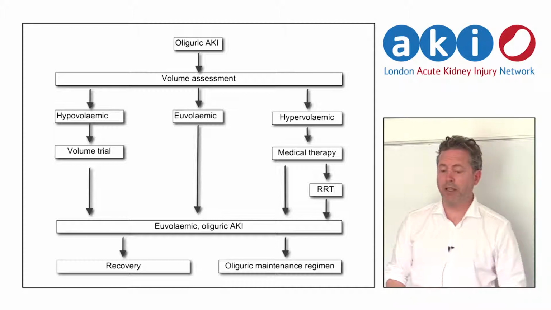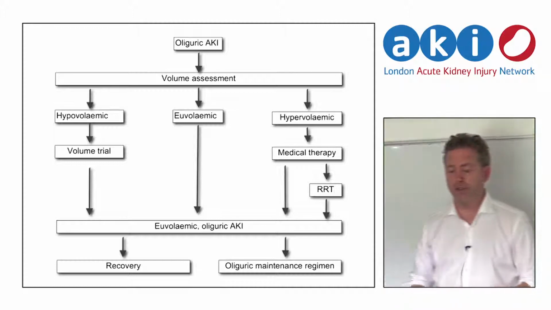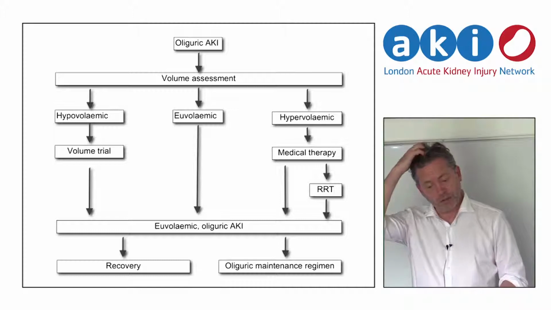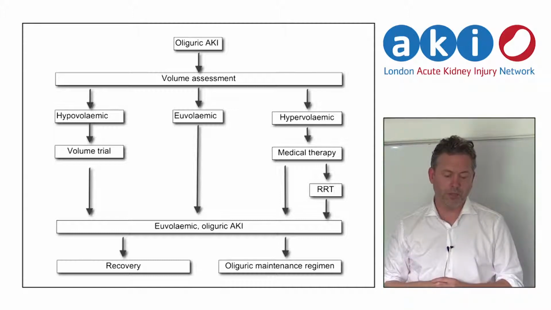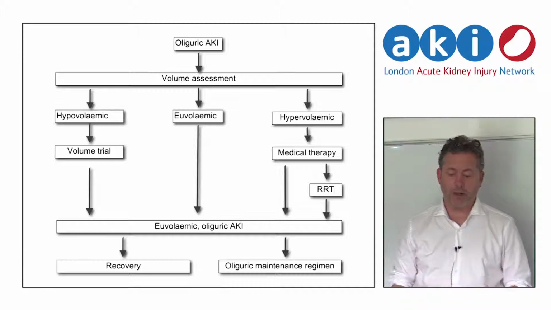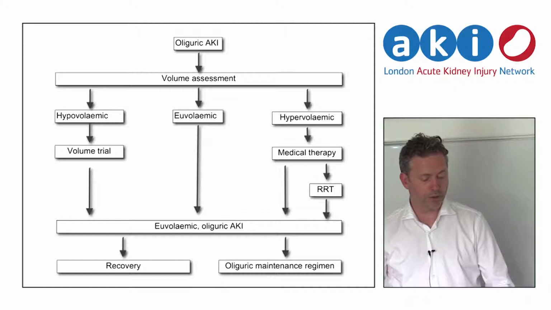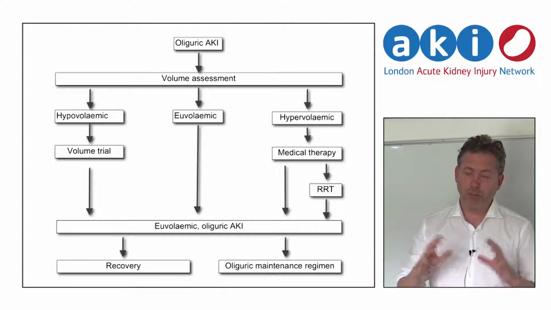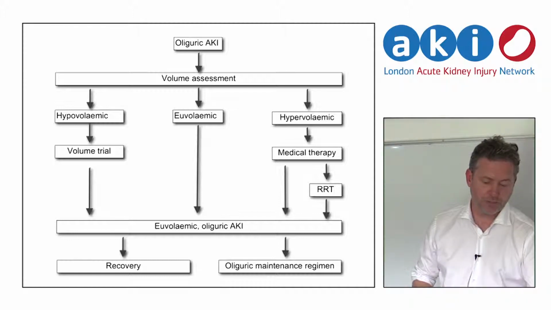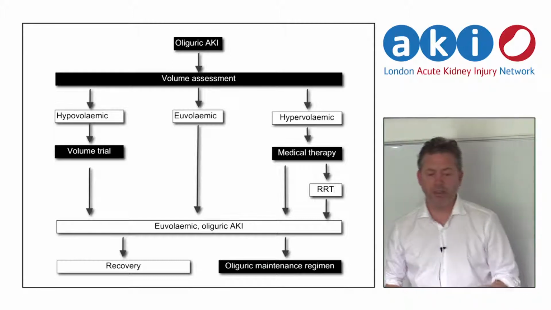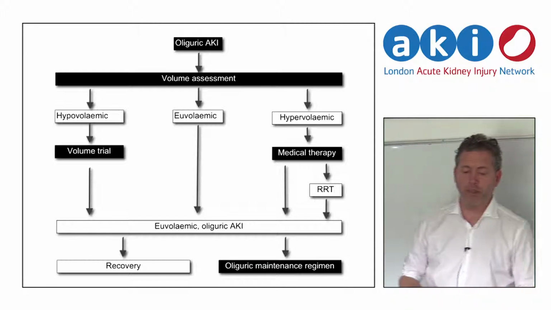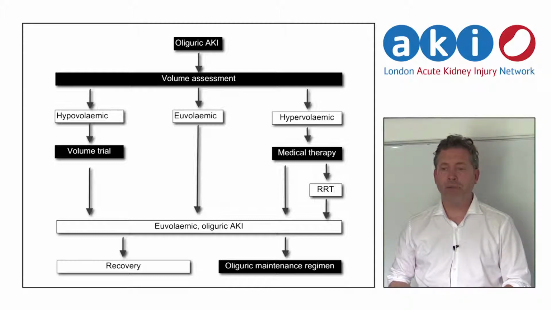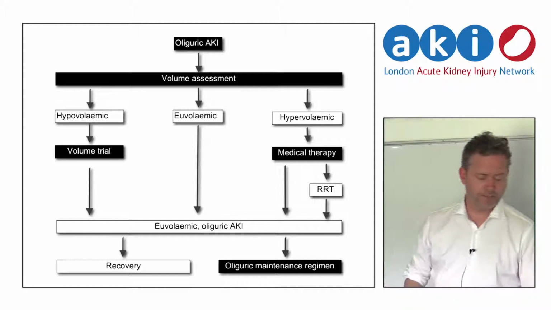If they're hypervolemic, we may need to institute medical therapy such as diuretics or renal support to offload extracellular fluid volume. Once we've established our patient as euvolemic, they will then either recover or need an ongoing oliguric maintenance regimen. So that's a broad overview of our approach to these patients. In this talk, I'm going to talk specifically about pathological oliguria, the volume assessment, how we might do a volume trial, medical therapy of hypervolemia, and the oliguric maintenance regimen.